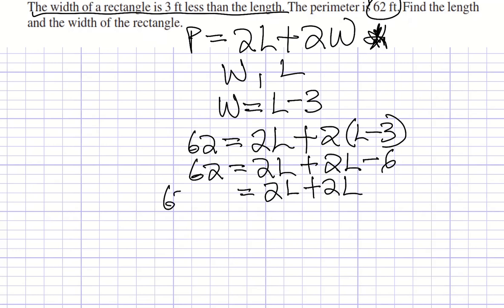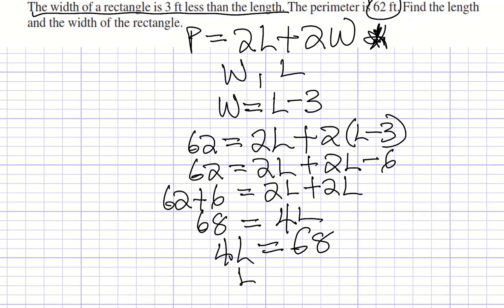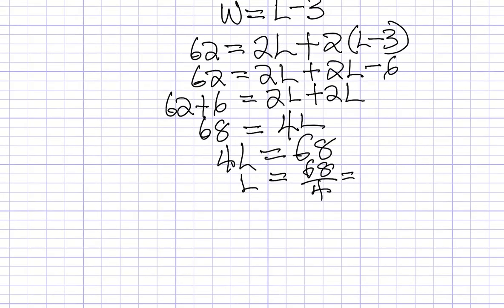It will be 62 plus 6, so that would be 68 equals 4L. We can switch things around: 4L equals 68. L equals 68 over 4. 68 divided by 4, you get 17.